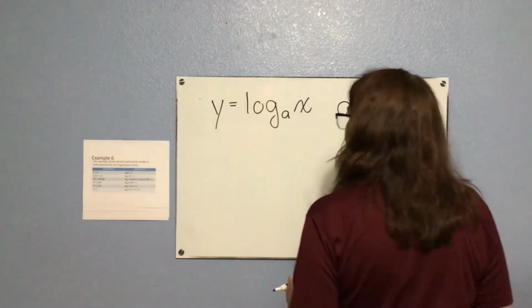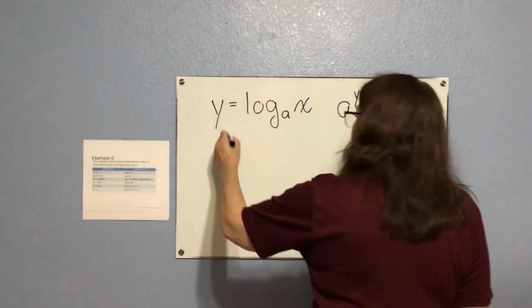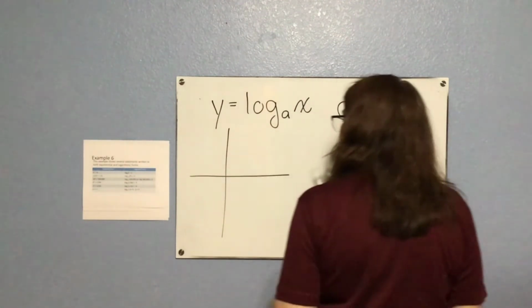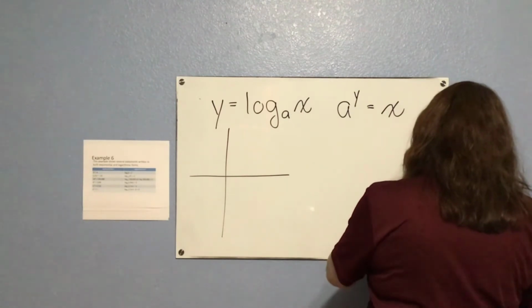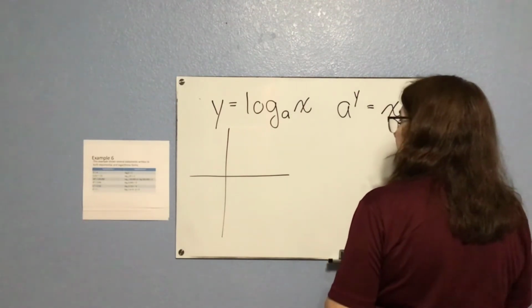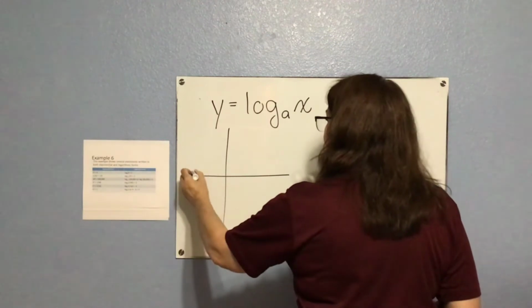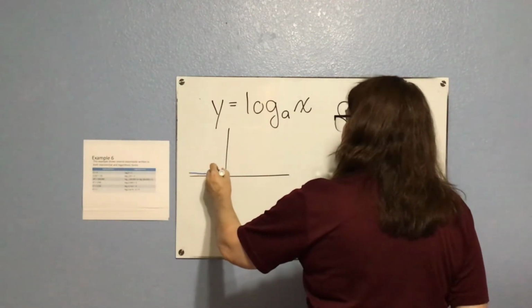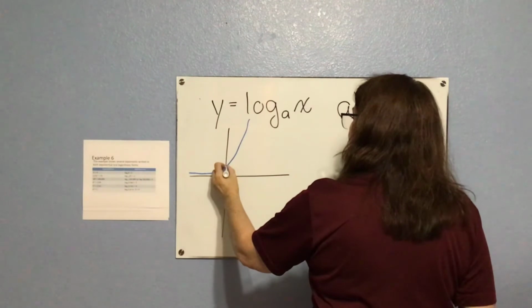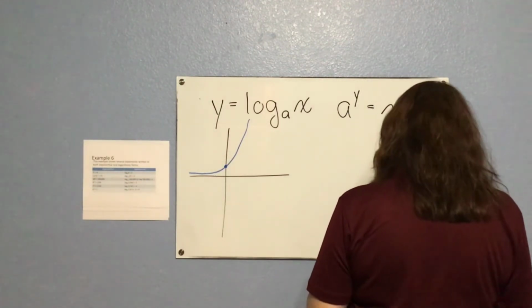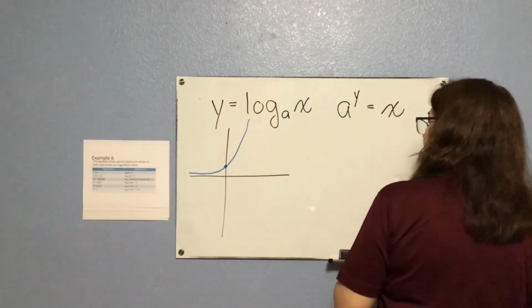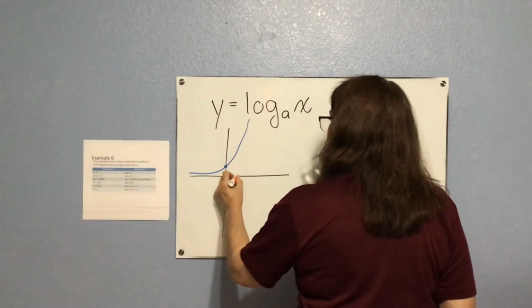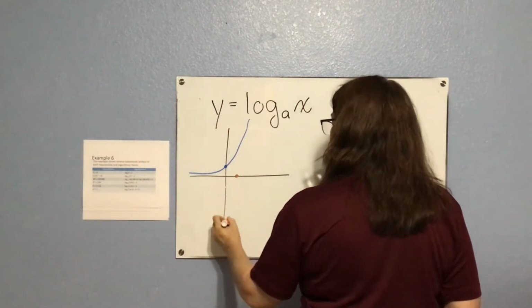How would we graph a logarithmic function? We've already talked about the fact that logarithms are not defined when x is a negative number or 0. And remember that the exponential function looked like this. Came up here through this point, 0, 1, and went on its way. The logarithmic function has a very similar shape.